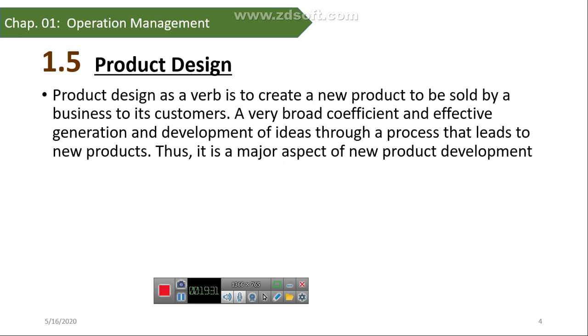Second is adaptive mode. Under this mode of strategy making, once the strategy is put into practice, the management keeps a close watch on environmental happenings and trends and keeps adapting or adjusting strategy in the light of environmental developments. This approach in effect is an offspring of the contingency approach to management.